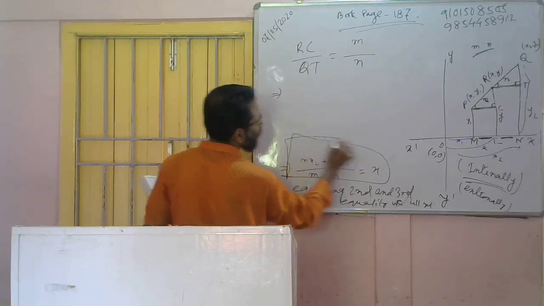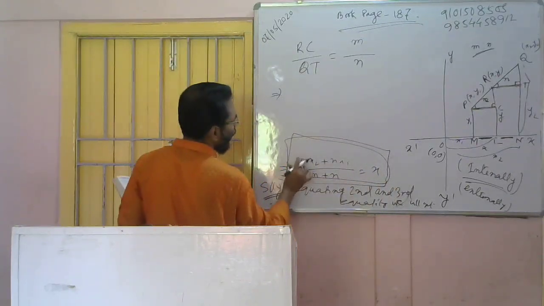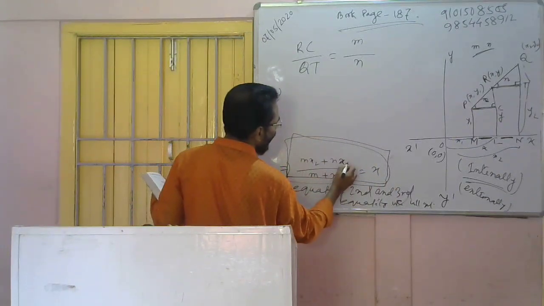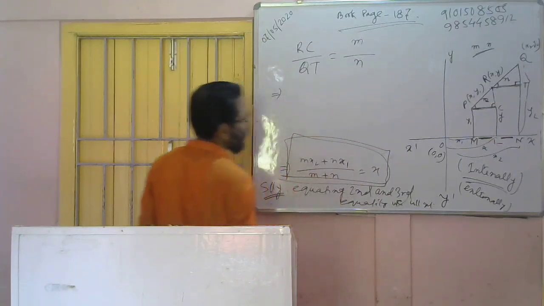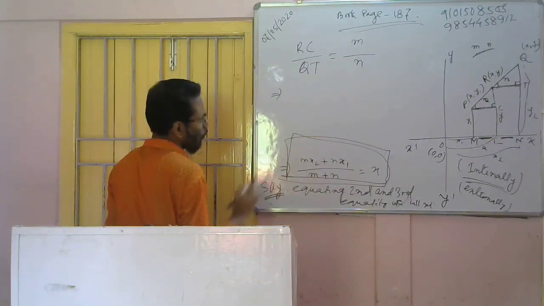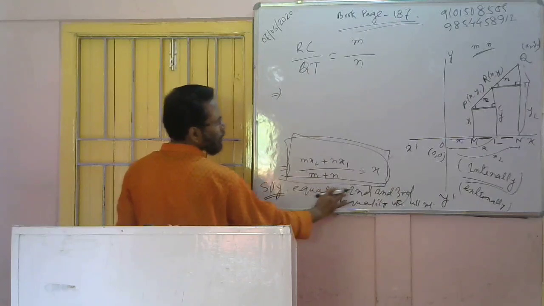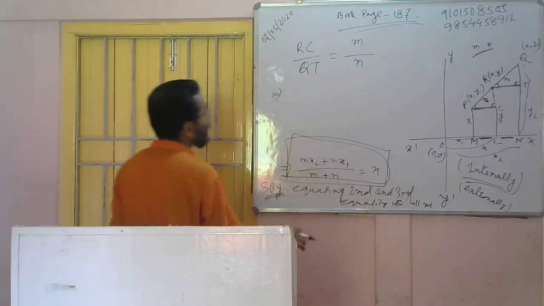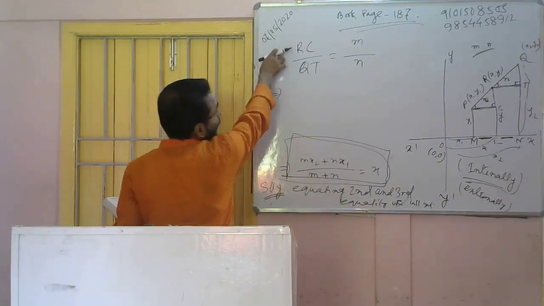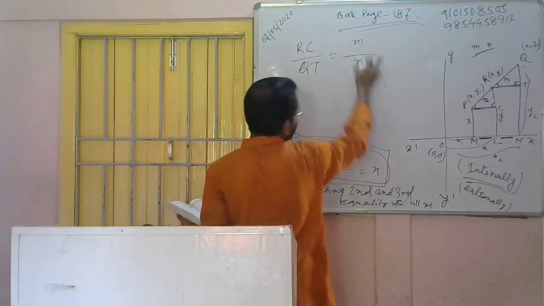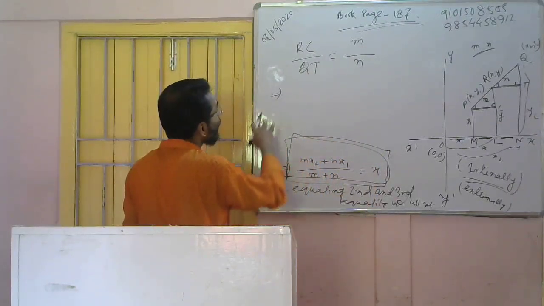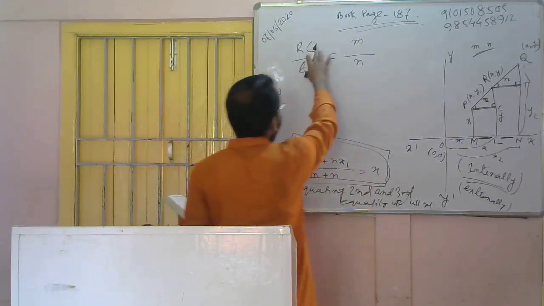So encircle this. X coordinate is M X2 plus N X1 by M plus N. Now we have to find the Y. For Y, we are equating the second and third equality, the second equality is RC by QT and the third equality is M by N. So equating the second and third equality, we get RC by QT.